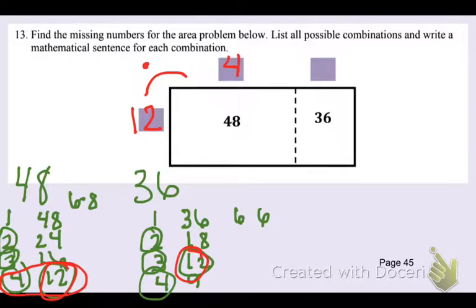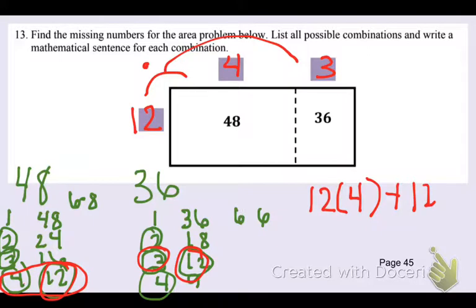We also said that 12 multiplied by 3 gives us this 36. So 3 is going to go here. My mathematical sentence is 12 multiplied by 4 plus 12 multiplied by 3.